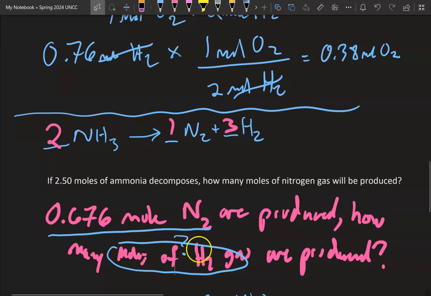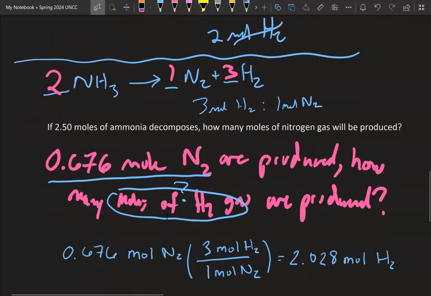All right, so now we need the ratio between hydrogen and nitrogen gas. That ratio would give you 3 moles of hydrogen for every 1 mole of nitrogen. So that's the ratio.